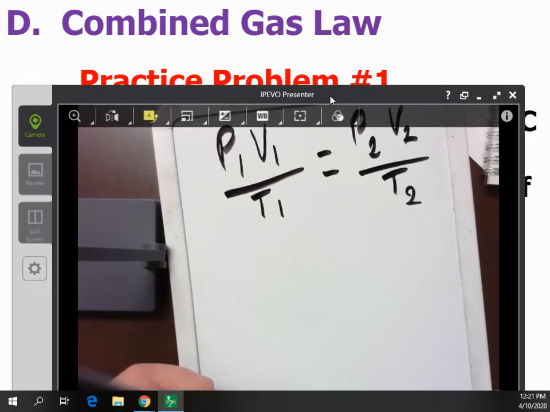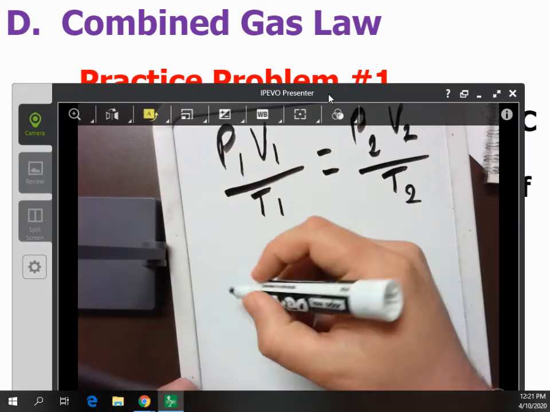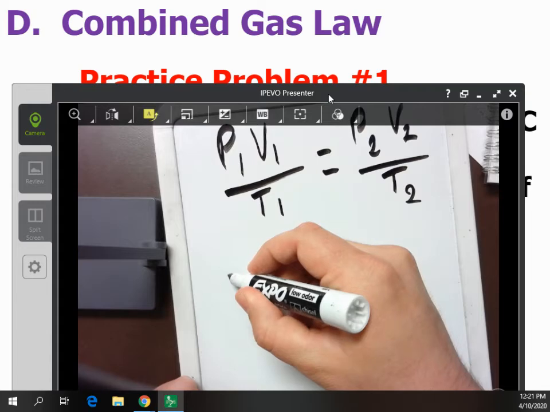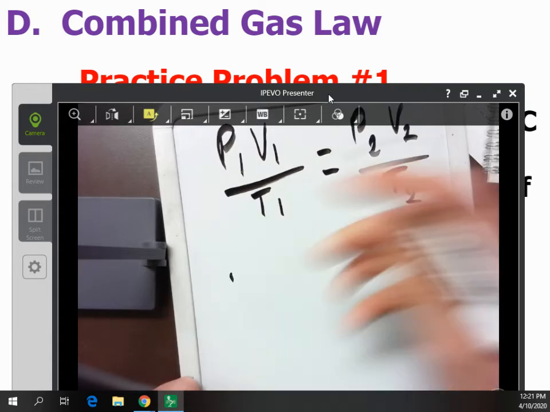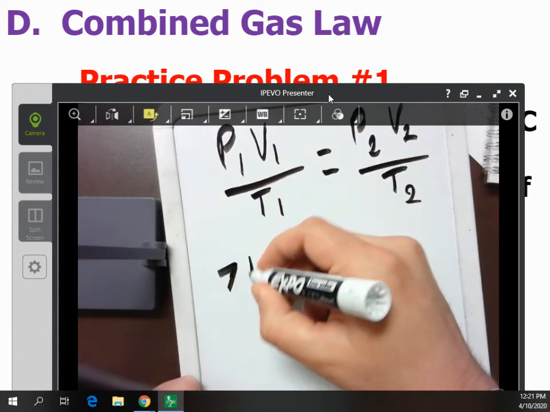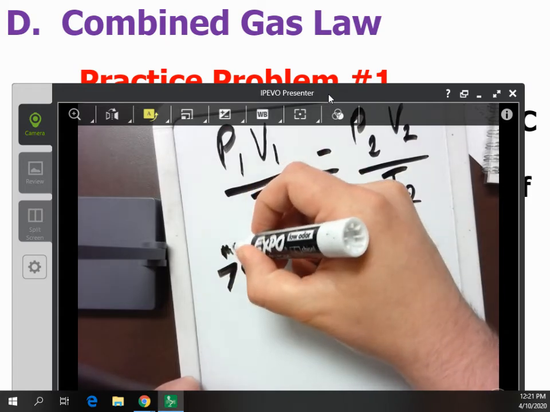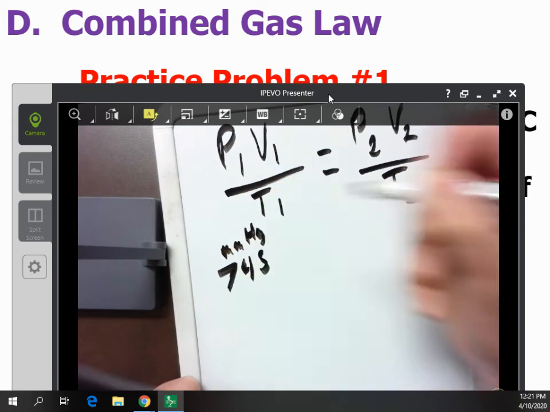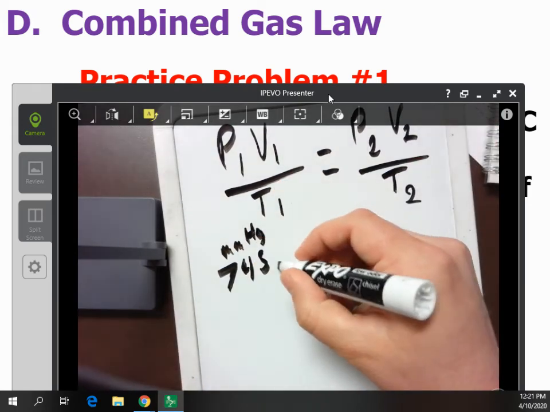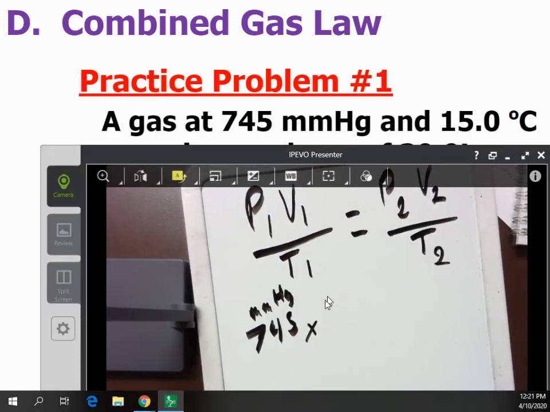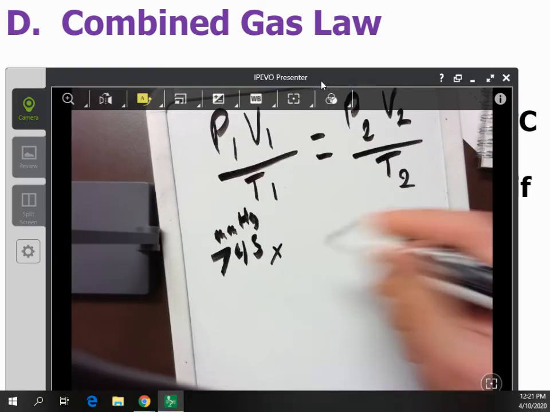So, all right. In our first one, we have pressure is going to be 745, and this is millimeters of mercury, times our volume, which as we see is 30 liters.